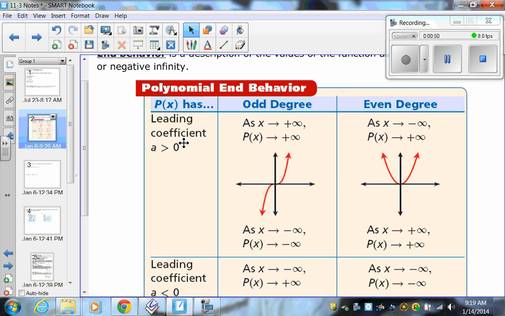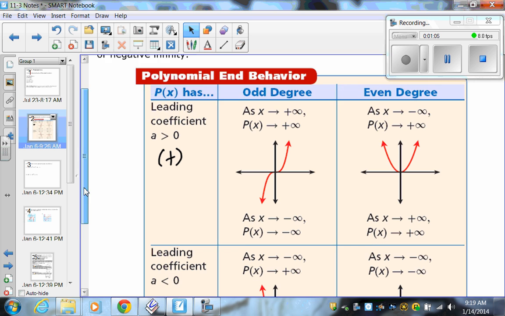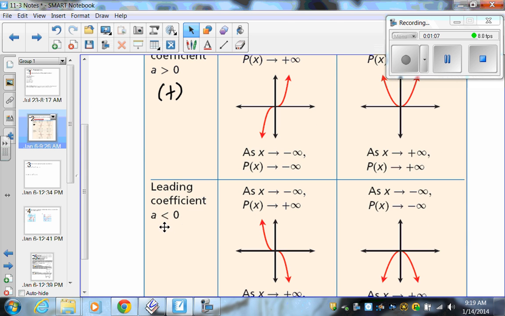And then the next thing you want to do is look at your leading coefficient. If your leading coefficient is greater than 0, which means it's going to be a positive leading coefficient, then you're going to follow this row. If your leading coefficient is less than 0, which means that it's a negative, then you're going to follow this row.